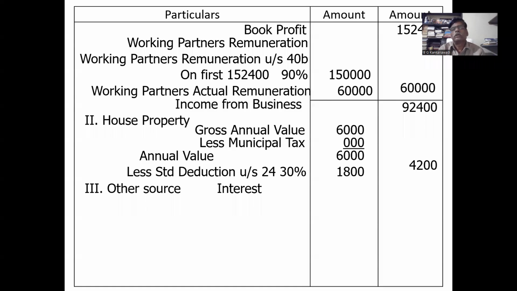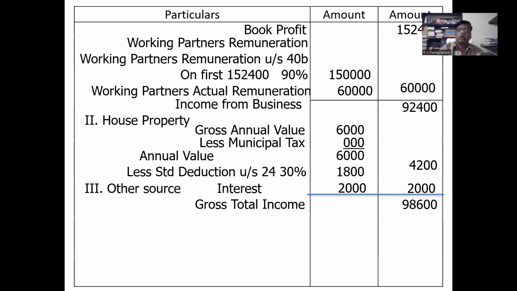In the other source, interest is there. So that interest is 2,000. So 2,000 is the income from other source. Now you take the total. Total is 98,600. 98,600 is the gross total income.